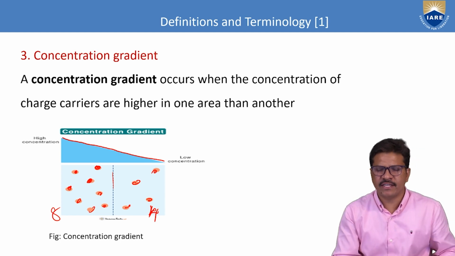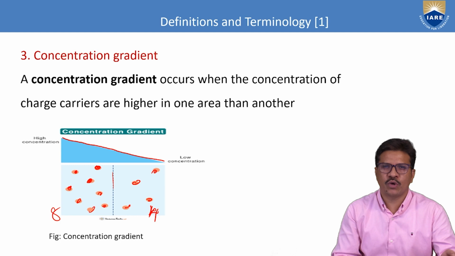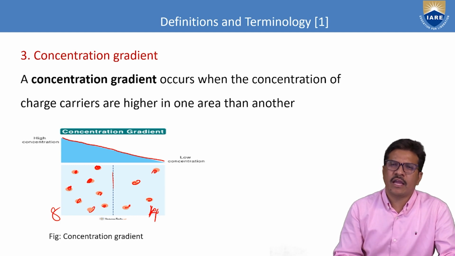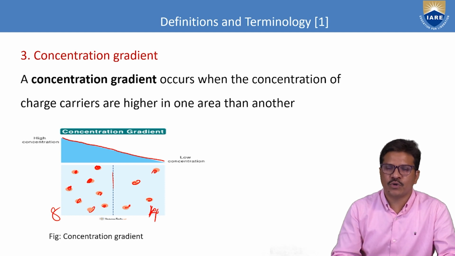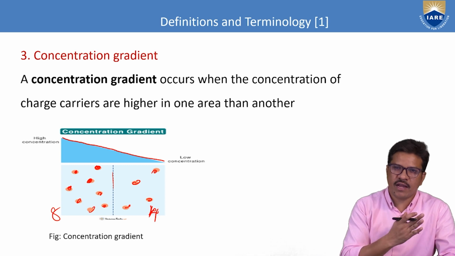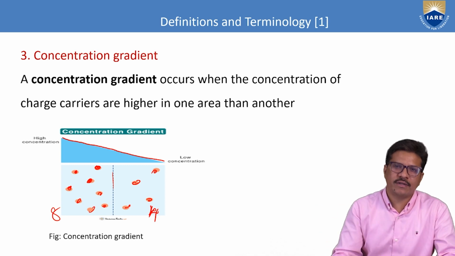So if there is any reason, in a particular semiconductor material, for one side to have more concentration of charge carriers compared with the other, then a concentration gradient exists, due to which charge carriers have a tendency to move from higher concentration to lower concentration.